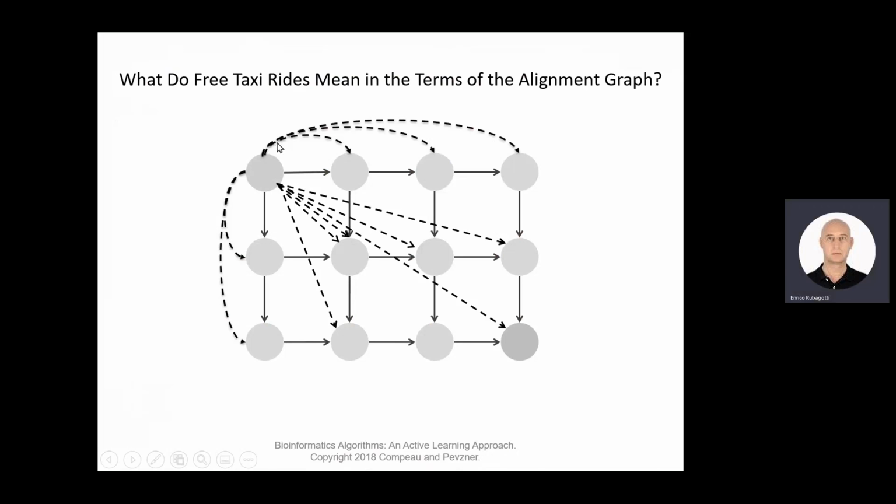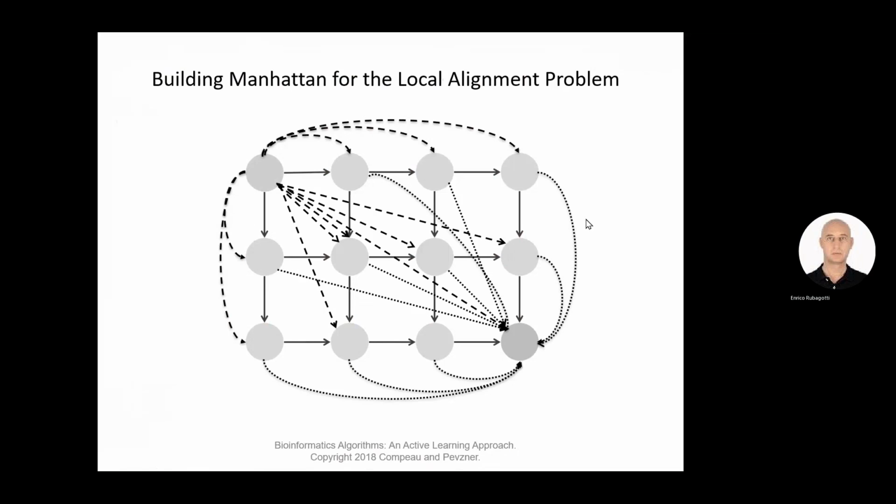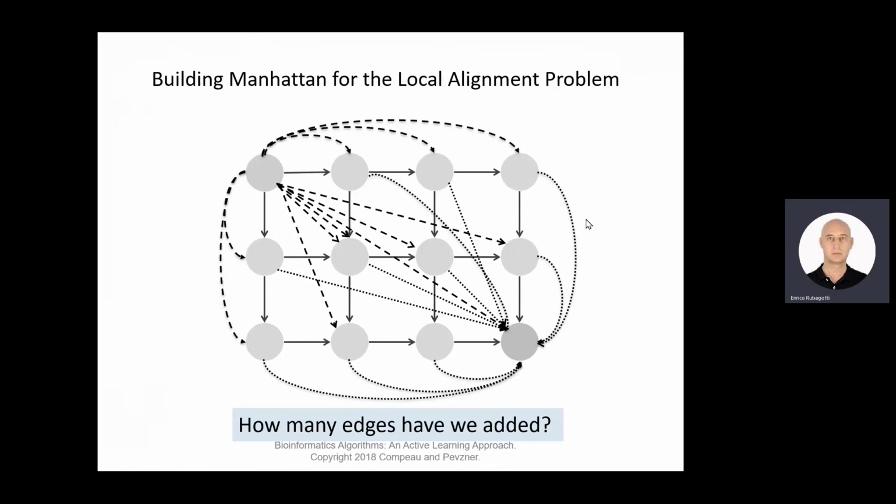I'm going to connect each node to all its successors, but with a traveling cost of 0. But the problem computationally is that I add a really consistent number of edges, and I do not like it.